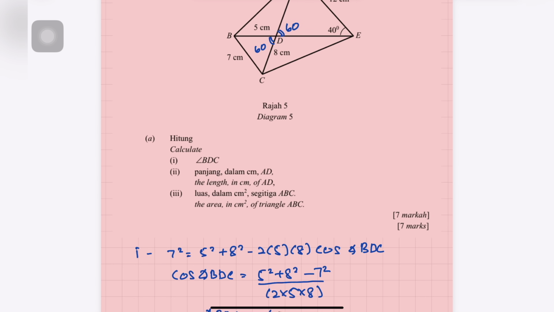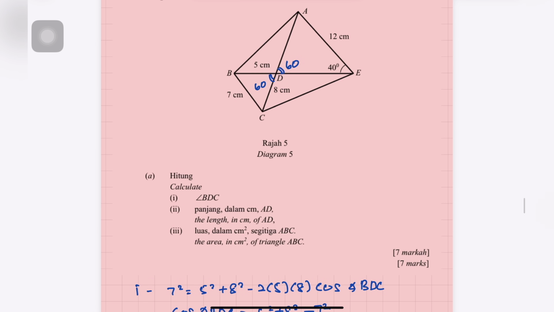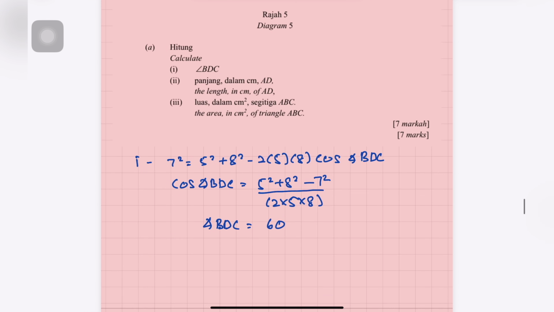So then to find, Roman 2, to find the length in centimeter of AD. So this one AD. Okay, so we can use sine rule. Okay, so sine rule, AD opposite is angle 40 degrees.